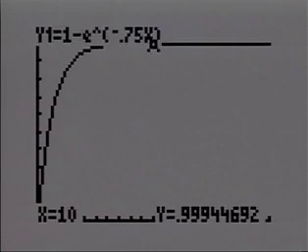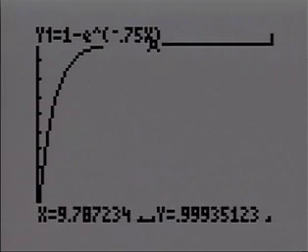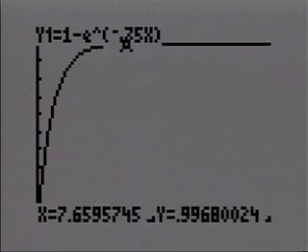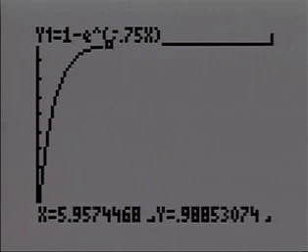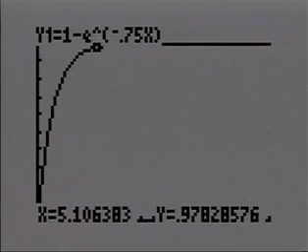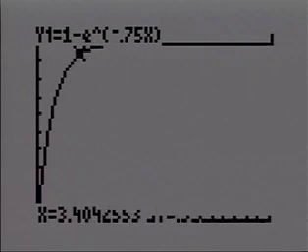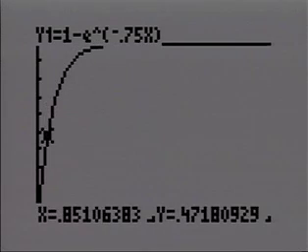Now the question is to graphically determine the x that gives us a 50-50 chance of at least one car entering the intersection. So what I'm interested in is what is x when y is 0.5, or a 50% probability. Let me start with my trace key and move it with my arrow button until y is close to 0.5. Need to do some moving here. 0.6, 0.5, 0.47.